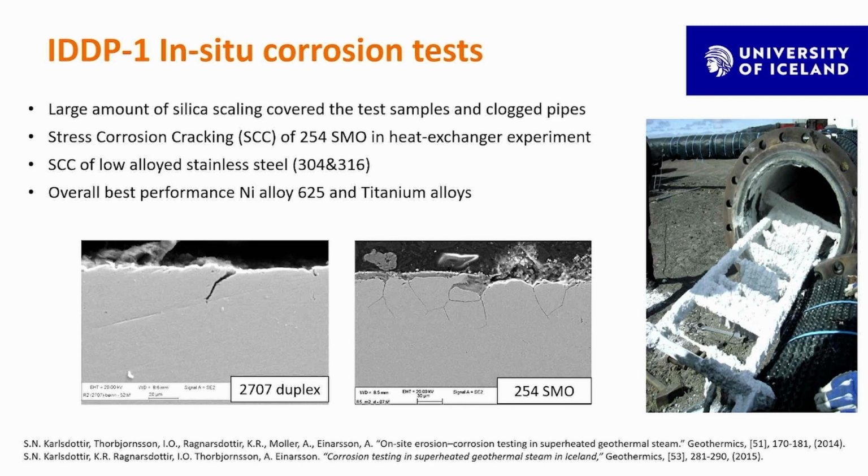We had tests set up for erosion corrosion test, flow loop. We had heat exchanger pipes, long pipes to simulate heat exchangers for testing different corrosion resistant alloys as well as carbon steel material. And we also had the opportunity to put coupons and a specimen holder into one of the legs coming from the wellhead, but the pressure had to be dropped to 12 bar here, and the temperature dropped to 350 degrees.